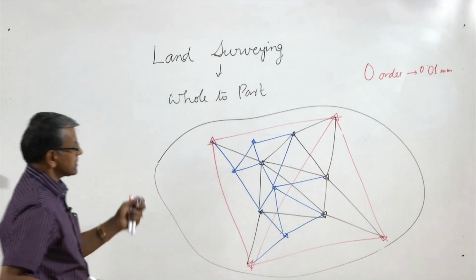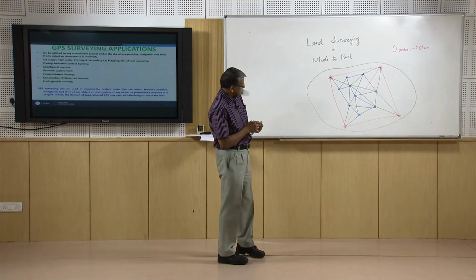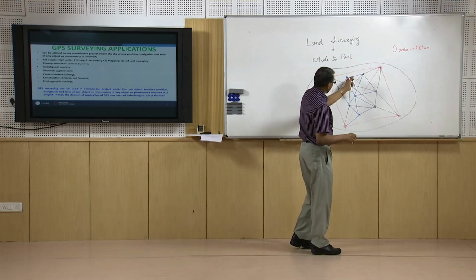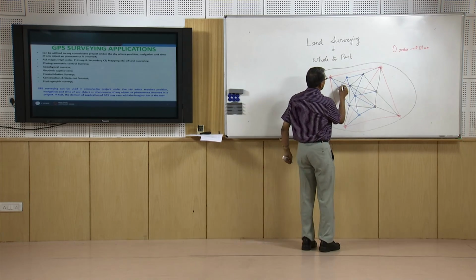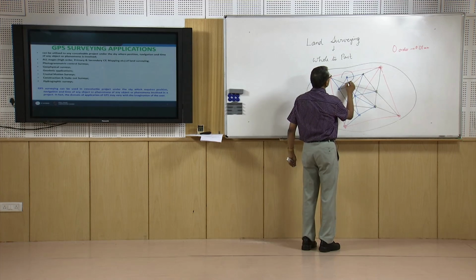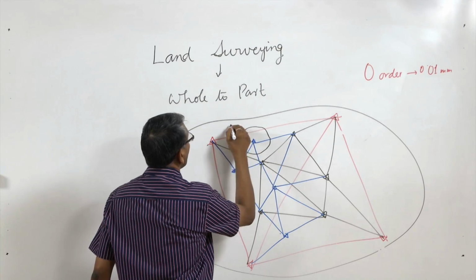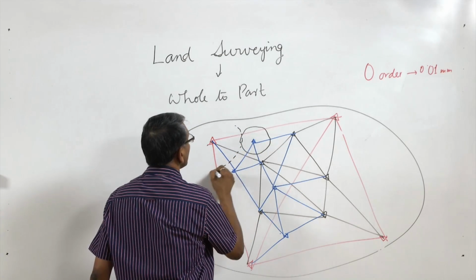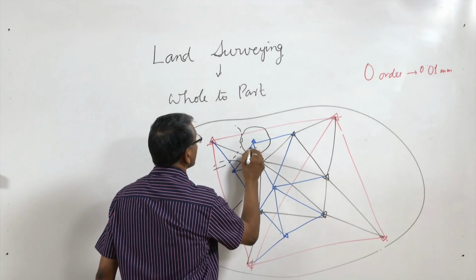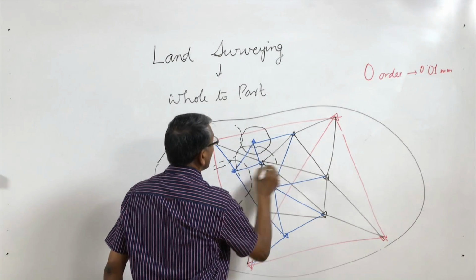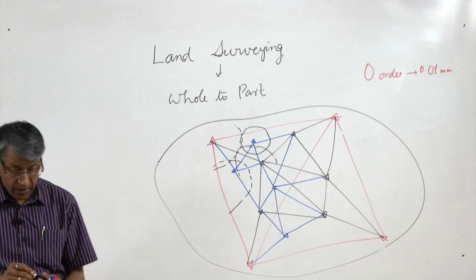Once this lowest order network has been done, then we go for surveying some area, suppose like this. From here I can go for this, from here we can go for this, like that. So in that area, in that way, we carry out surveying.